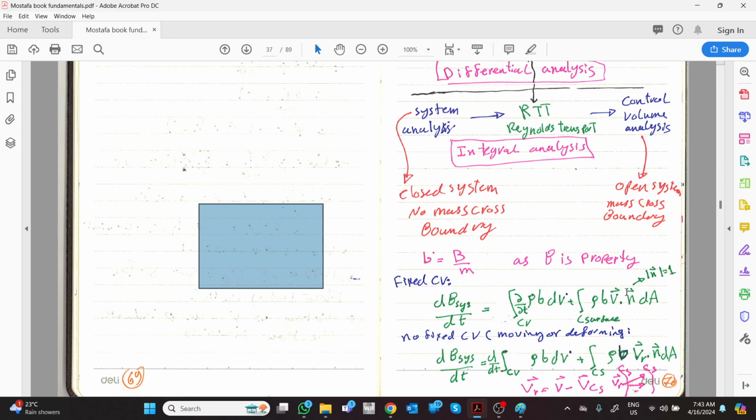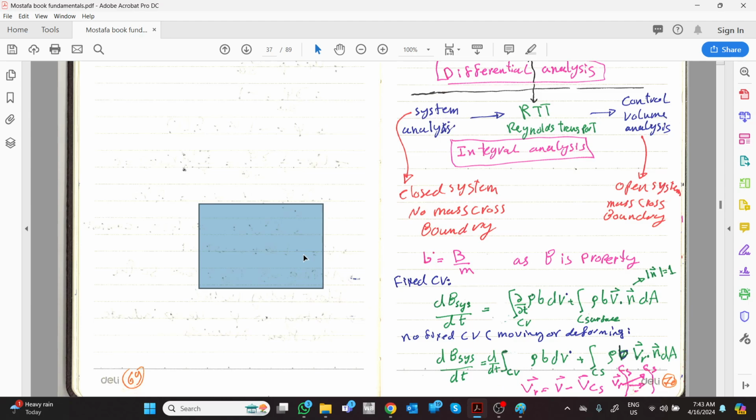And of course, this is n, whose magnitude is equal to 1, because you make integration, so here it is 1, here it is minus 1, that's why it is a vector. So the direction of the velocity, multiplied by the area. In another way, this one is a mass flow rate outside, and this one is the change of the density inside. That's it. This is the Reynolds transport.